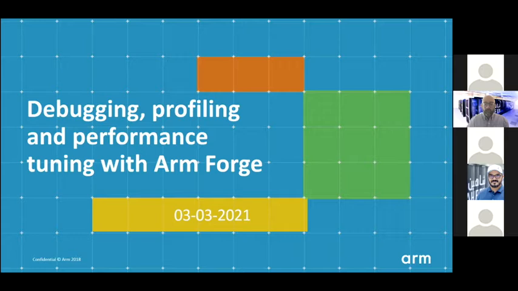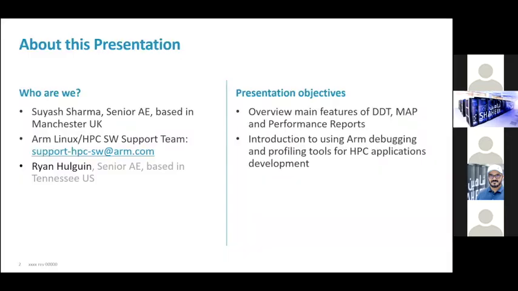So we are going to have a look at ARM Forge, which is the name for the suite that has all the profiling, debugging, and performance report functionalities, tools. Today, apart from me, there will be another colleague of mine, Ryan, who will be joining us towards the end of this session for a Q&A.